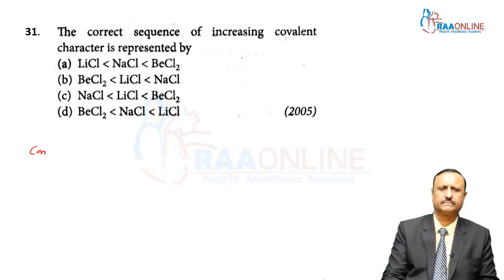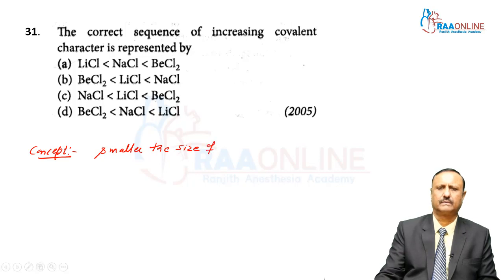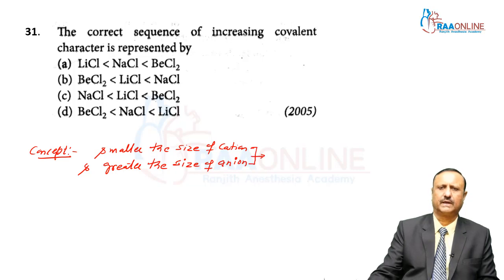Now, we can see the concept here. The smaller the size of the cation and the greater the size of the anion, the greater the covalent character.